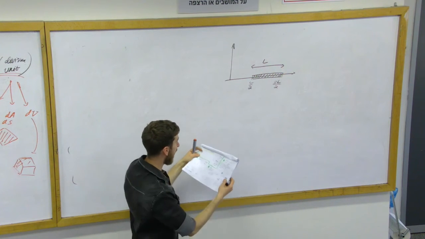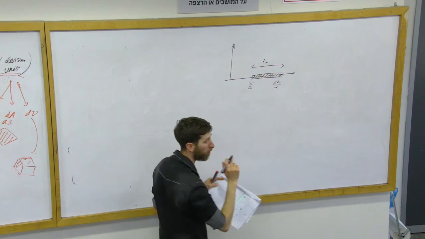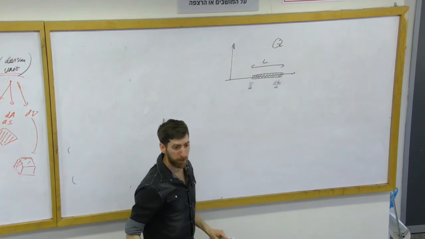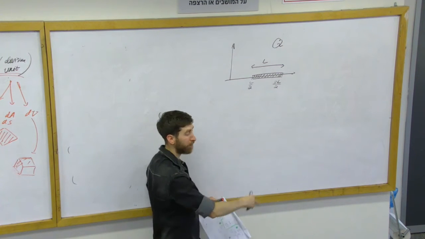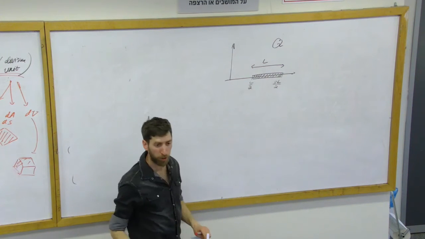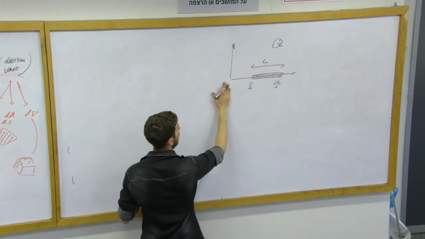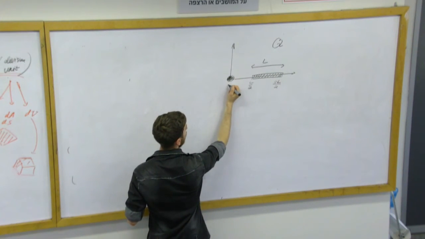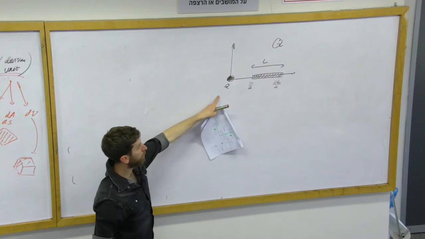This rope is charged with some Q. Somebody comes, touches it, electrifies it, puts some charge on it. And here, somebody puts a point charge, also with the charge Q.